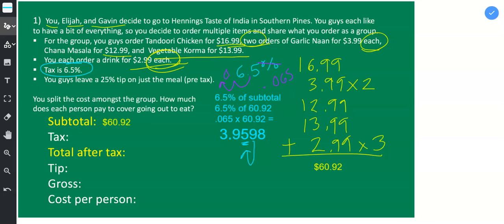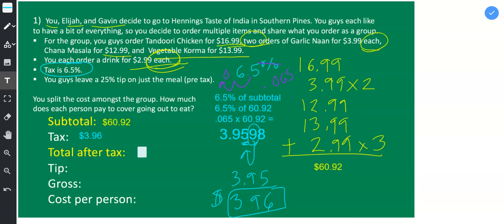The 9 decides whether this is going to be $3.95, stay $3.95, or go up to $3.96. Well, 5 or more, you let it soar, so it's going to increase to $3.96. And that's the tax. So $3.96 for the tax.